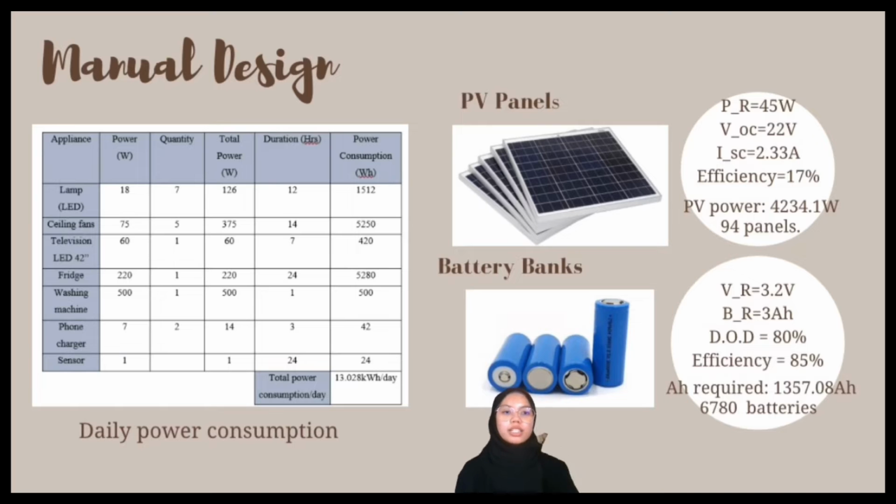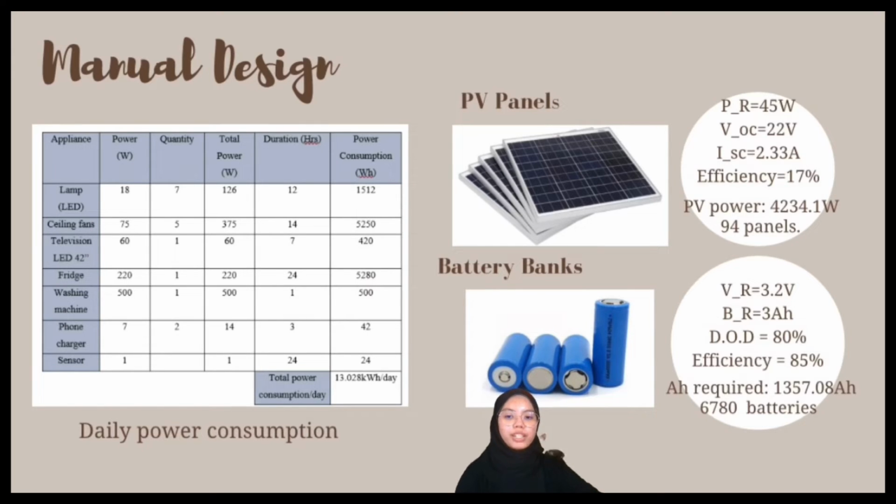Next, the second step is we need to know the perfect sizing of the solar PV panel. Here are the PV panel specs that we want to use. As we know, the average peak sun hours in Malaysia is 4 to 6 hours. In this case, we considered the minimum peak sun hours, which is 4 hours.